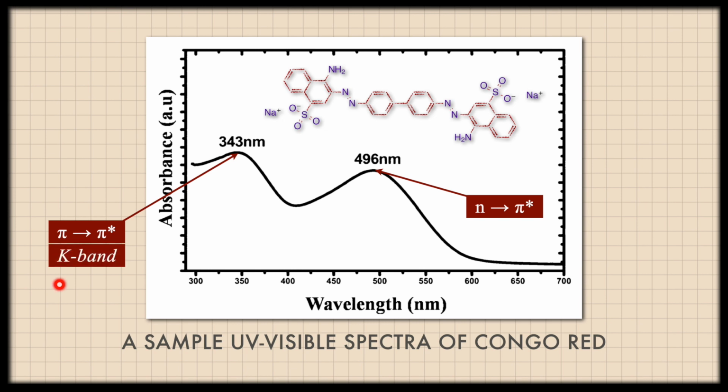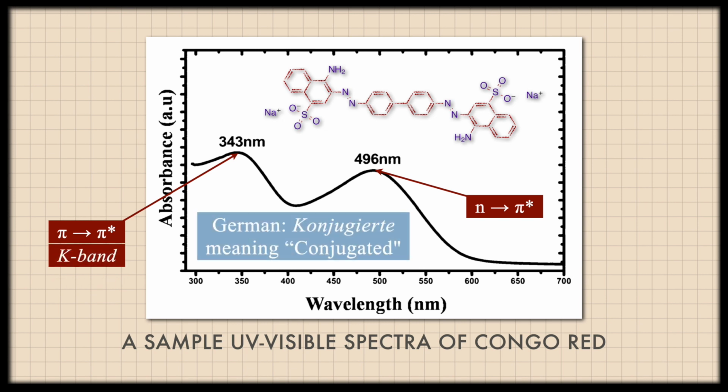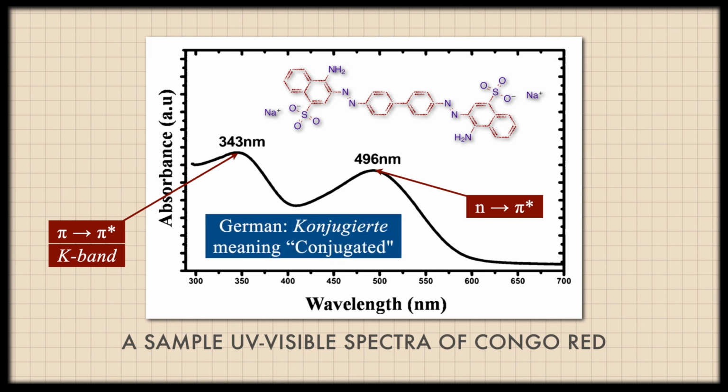This is usually known as the K-band. This is a German word, konjugiert. I'm not sure if I pronounce it correctly, but it means conjugated. So the K-band, due to the pi to pi star transition which we saw earlier, is due to the presence of all these conjugated double bonds.